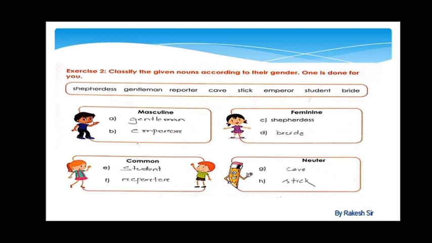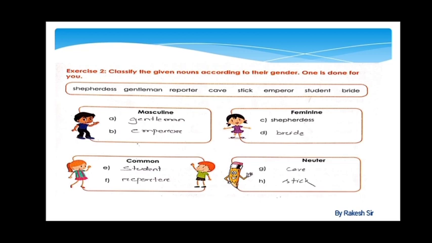If I go to the masculine part, as I said, it refers to all males. Who will come under the male section? First gentleman, and second your emperor. I wrote them already, you can check. Second, feminine: madam, then bride.